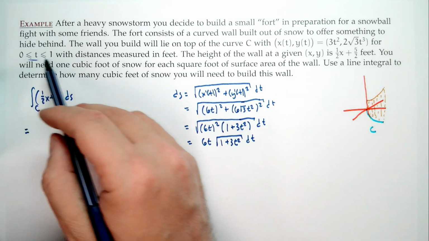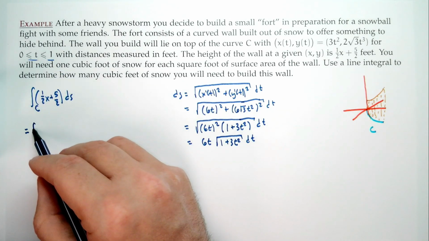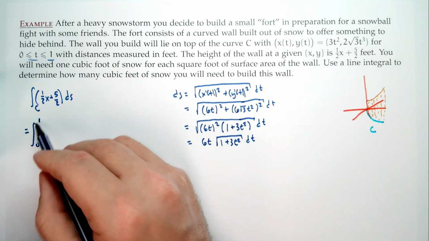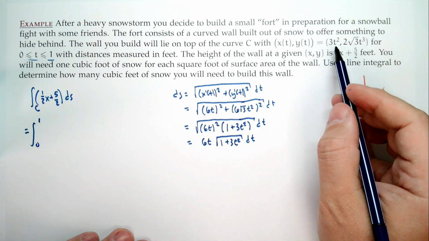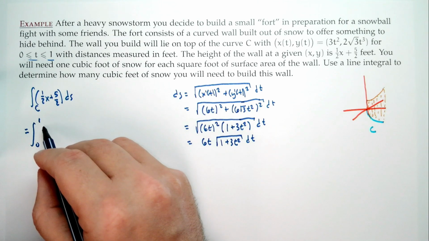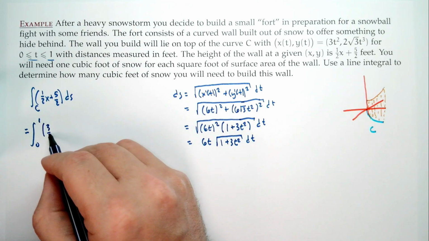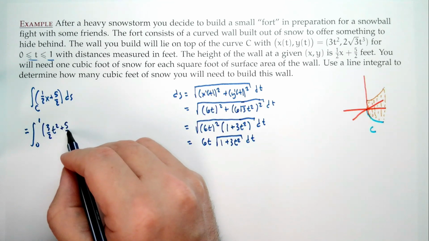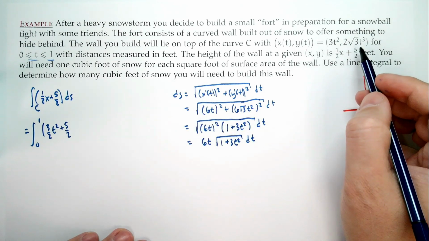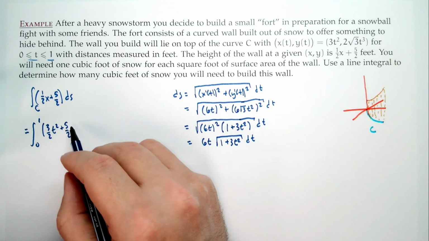So our parameterization has time going from 0 to 1. Everywhere I see an x, I'll replace it by 3t². So I have 3/2 t². And if there were a y, I would replace it by the corresponding y term, but there is no y, so that's all right.